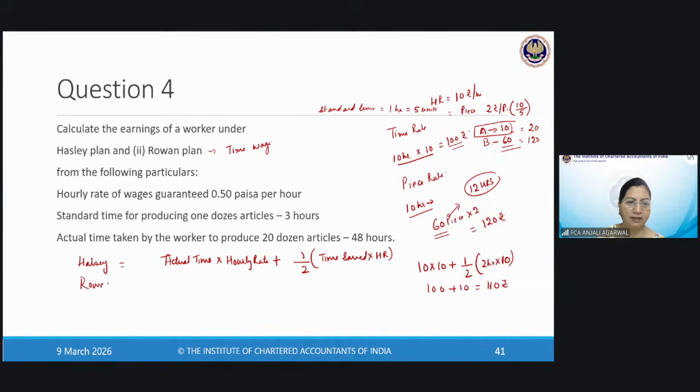Rowan suggested that he will also pay actual time into hourly rate, but the bonus should be paid based on time saved divided by standard time of actual wages. So if this worker was under the Rowan plan, he would have got 10 into 10, 100, plus 2 by 12 of 100.